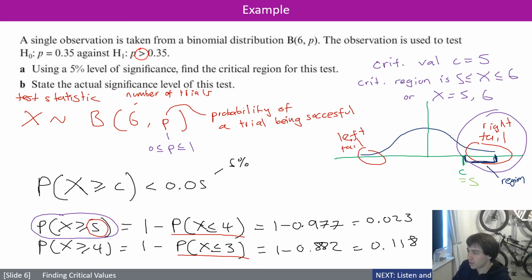So the first time it's below, that's our significance level. Remember, a significance level is a probability. So with that said, if you've understood what I've been saying, can you pick out the actual significance level on this screen? There's a number on this screen, which is the answer to B. Which one is it?